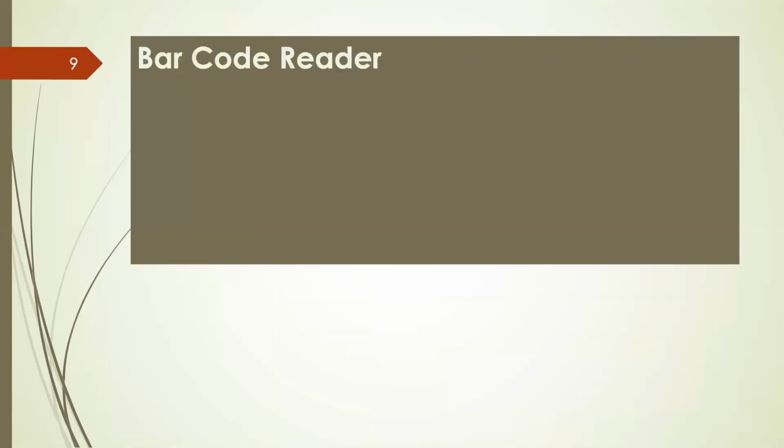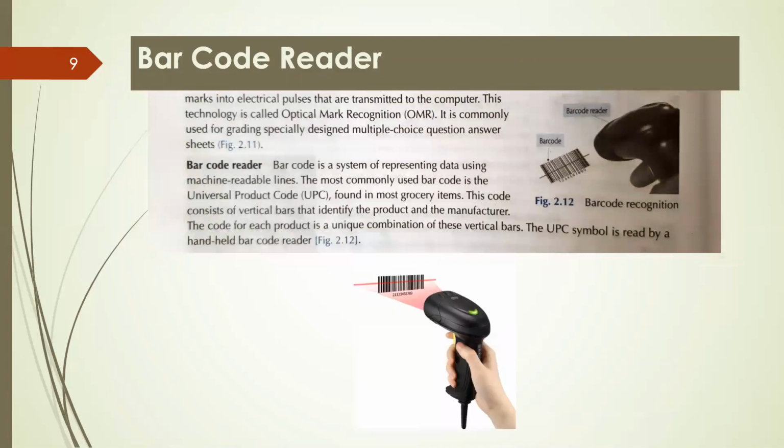Okay, then barcode reader. With the help of the barcode reader, you can get all the information about products, especially in grocery items, shopping malls, clothes shops and so on. When you buy, you will see they are scanning the barcode. All the information is there: which brand, what is the price, everything. We scan it in the computer.